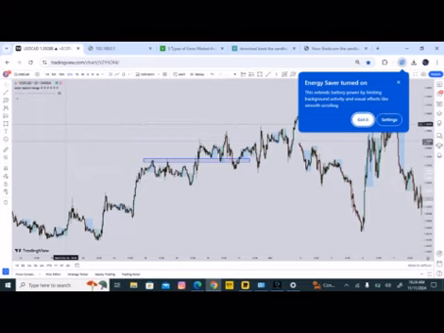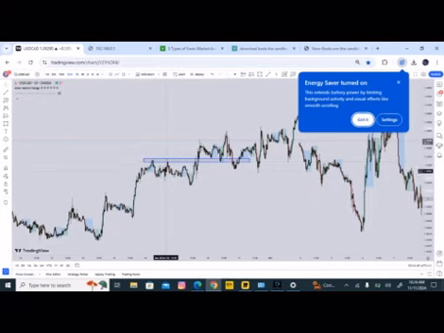If it is something very heavy, or very strong, it can break through that ceiling and pass through. So that's what resistance is. It's a price area where price fails to break maybe twice or three times, and then probably later breaks it.